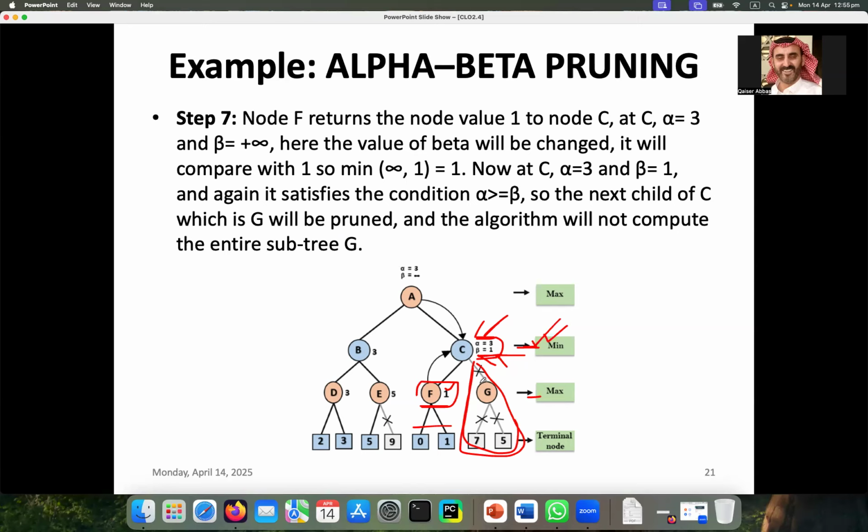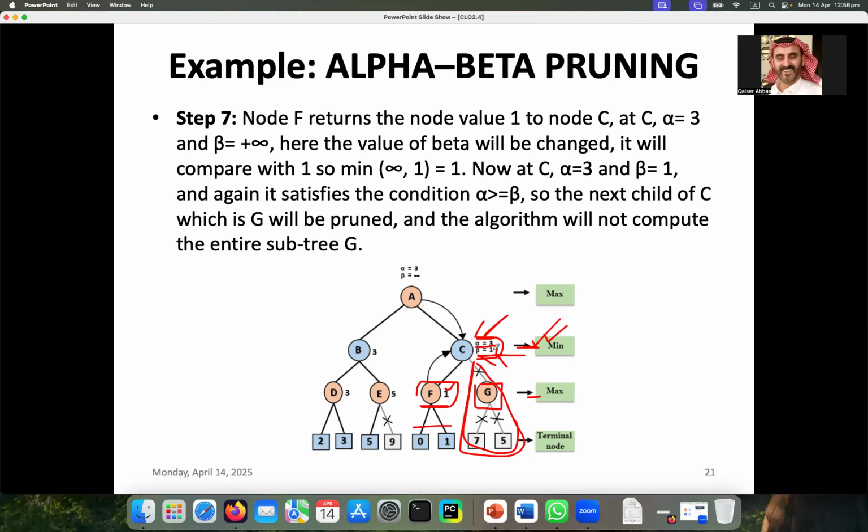Those values higher than 3 will come here at the node G. But this min player, which already has the value 1, will that min player allow those higher values to come here? No. Min already has the minimum value 1.